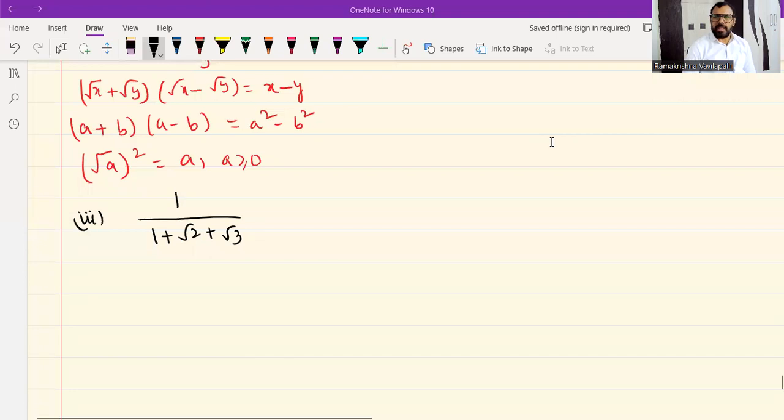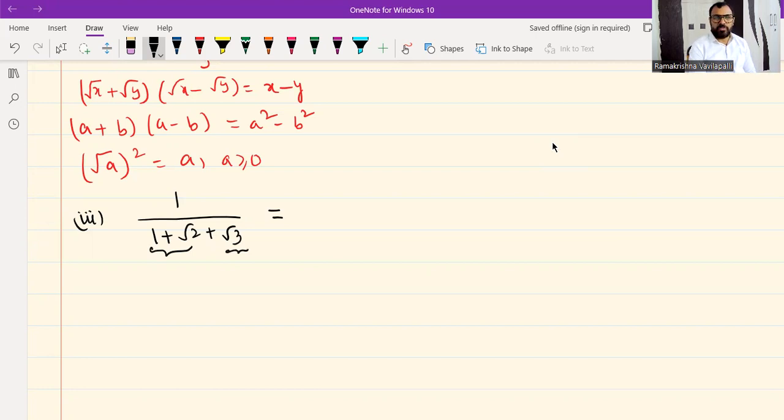Here is another example, a little complicated. Rationalize the denominator 1 by (1 plus root 2 plus root 3). So here we have a sum of 3 terms. It is a trinomial. So you just think of 1 plus root 2 as one term and root 3 as another term.